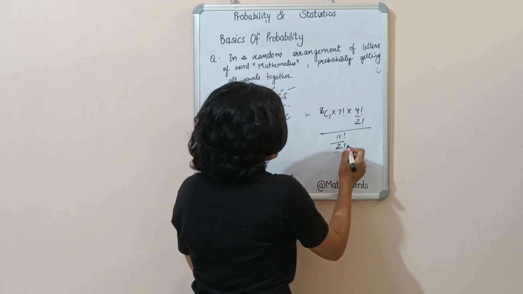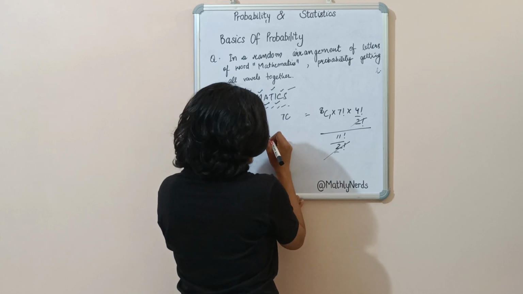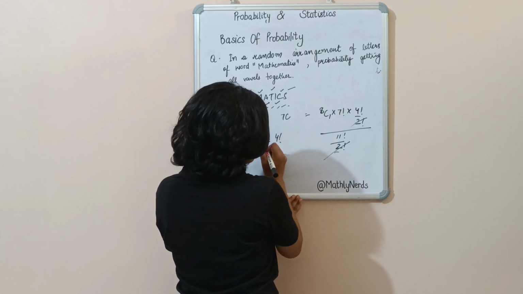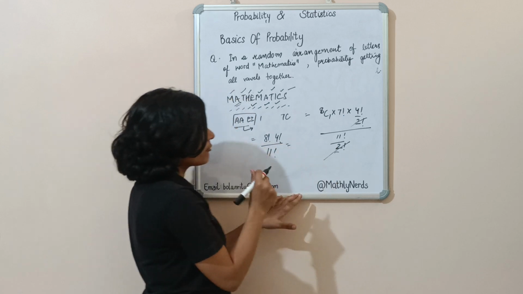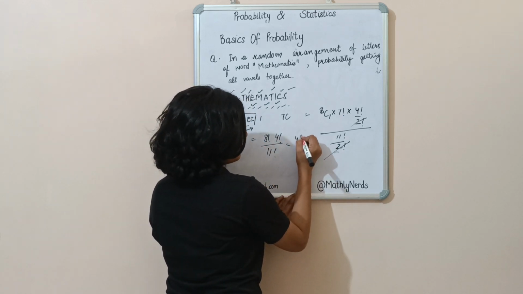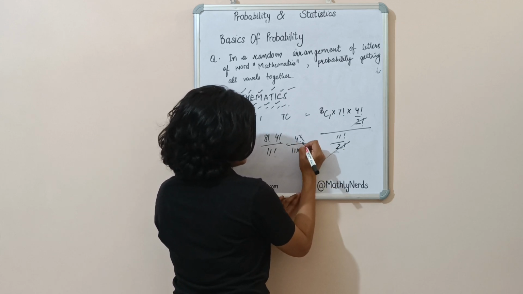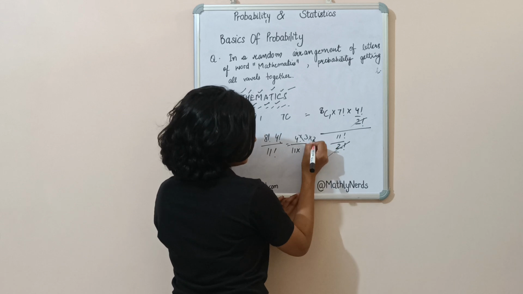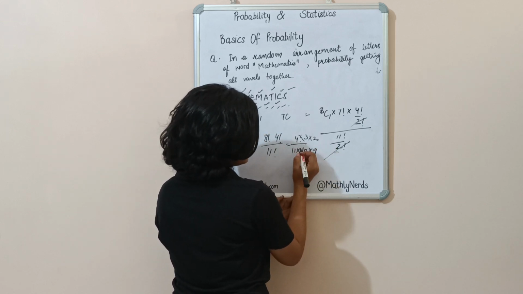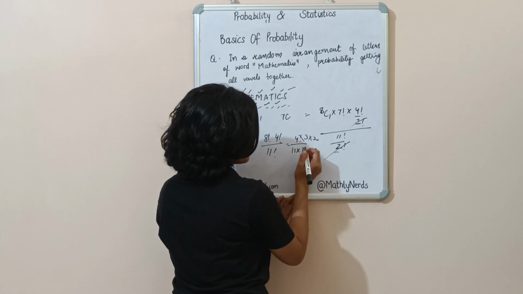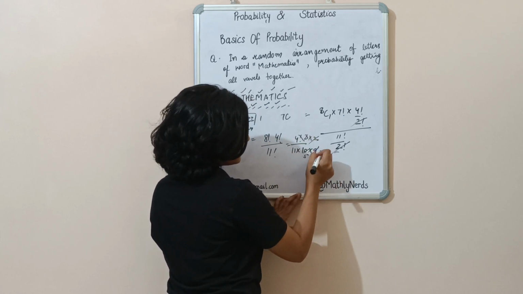So our answer will be 8 factorial upon 4 factorial by 11 factorial. If we expand this, we will get 4 into 3 into 2 by 11 into 10 into 9.